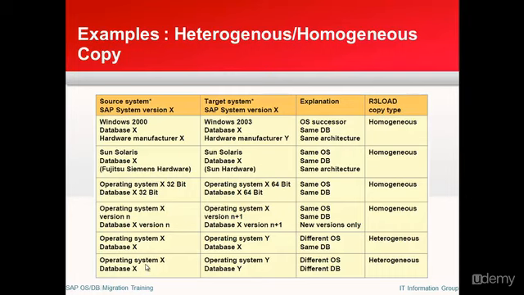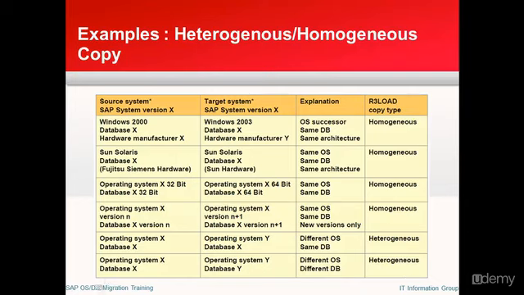Okay, the next thing is operating system X, database X, going to operating system Y, database Y. So in this case we have a different OS, different database, so we will call this also a heterogeneous system copy.